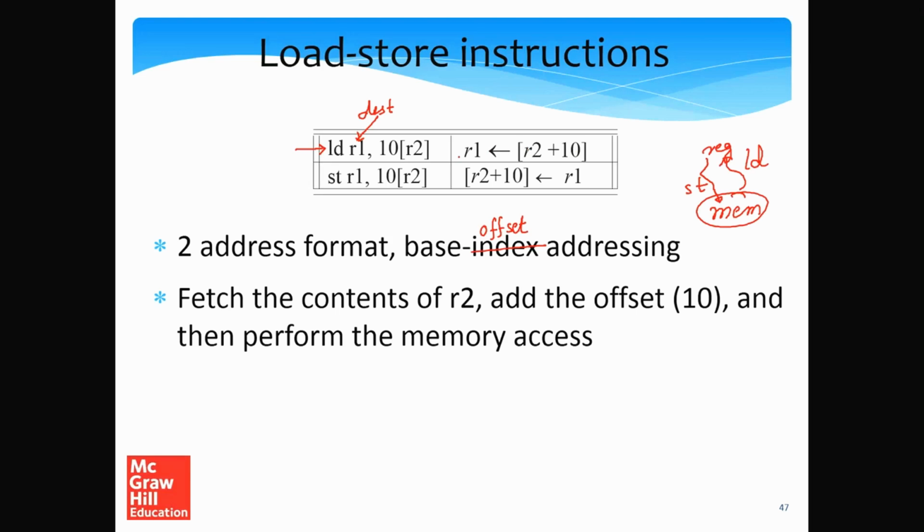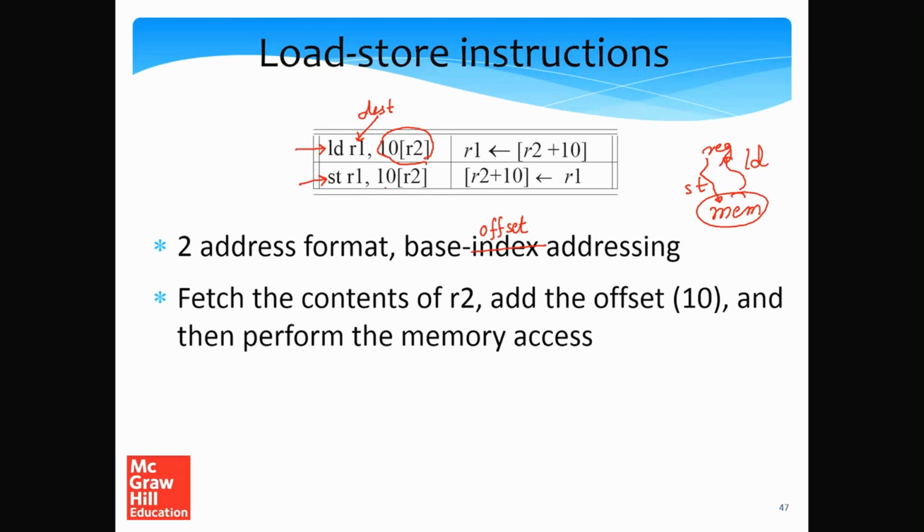So in this two address format instruction, the second operand always points to a certain memory location. The hardware's job is to read the value that is there in the memory location and put it in a register. The store instruction has exactly the same format, but if you think about it, it does not actually have a register destination.